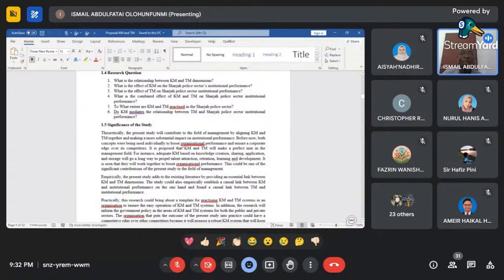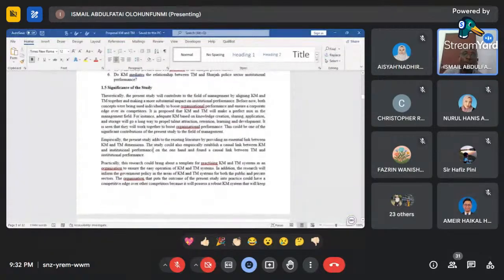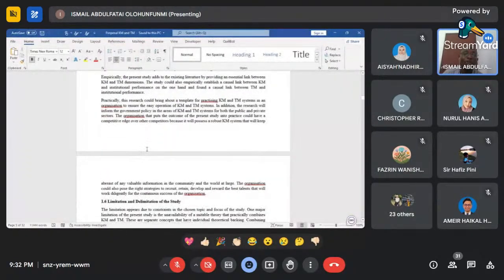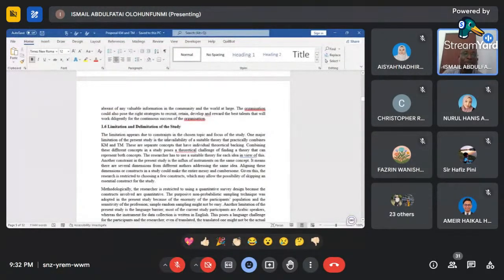It is proposed that knowledge management and talent management will make a perfect mix in the management field. For instance, adequate knowledge management, based on knowledge creation, sharing, application. So this is significance of the study. Limitation of the study.